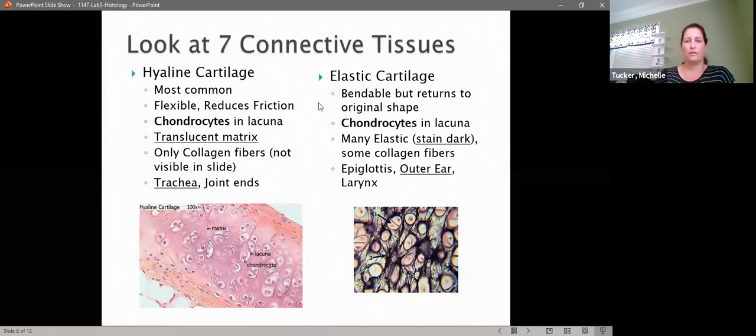In all three of our cartilage specimens, the cell type is going to be chondrocytes. So chondro is going to indicate cartilage.